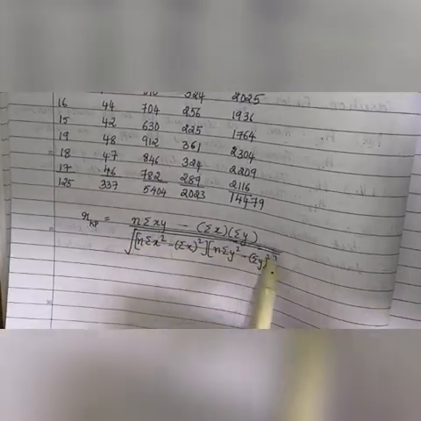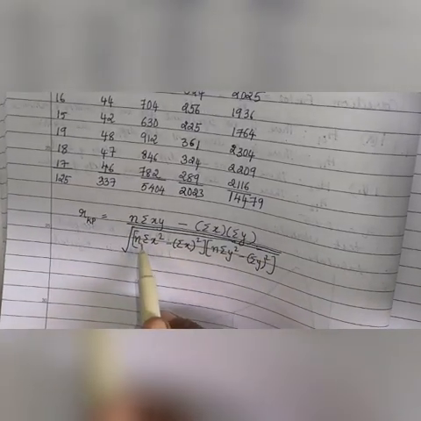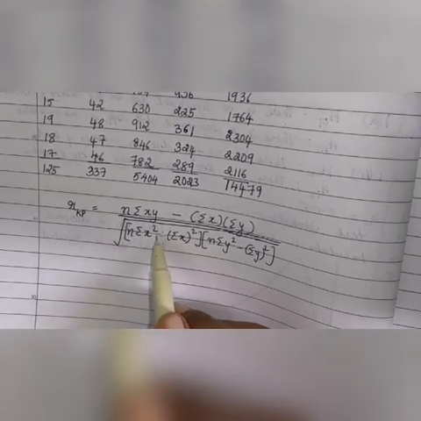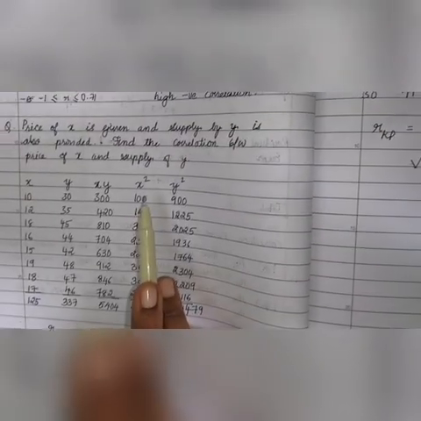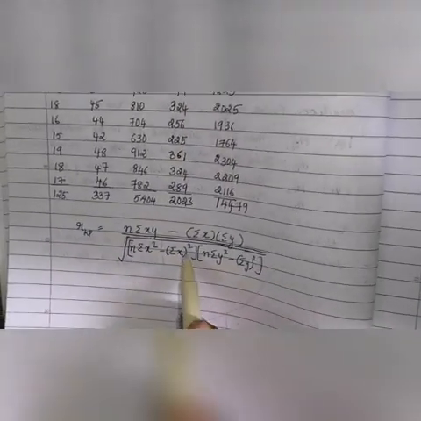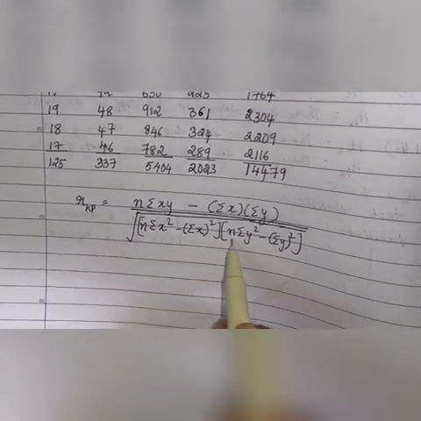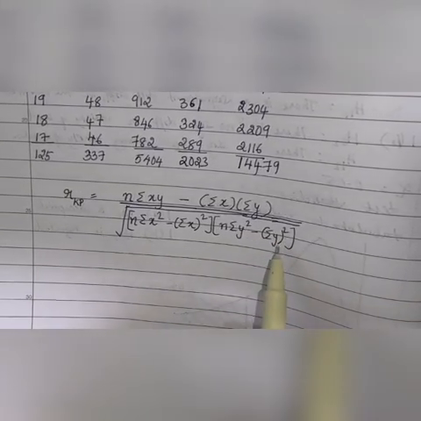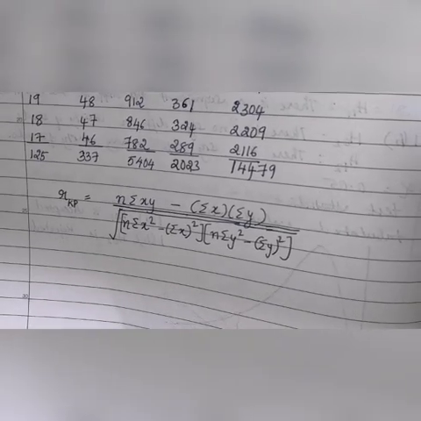Then under the square root, n into summation x square, so you also need x square. I have calculated x square readily, minus summation x whole square, into n into summation y square minus summation y whole square. Okay, so please practice the formula.